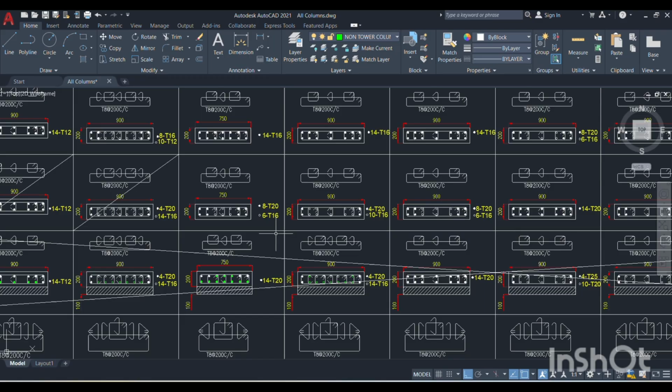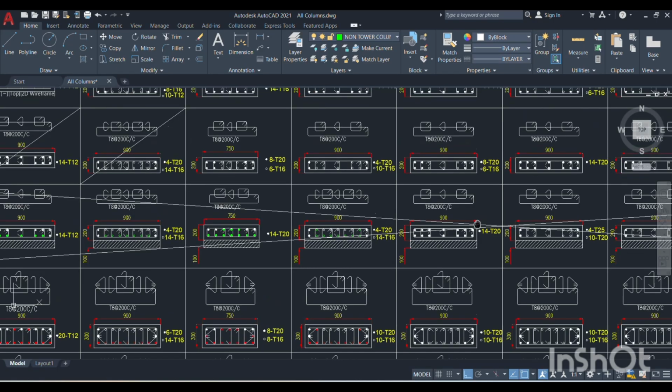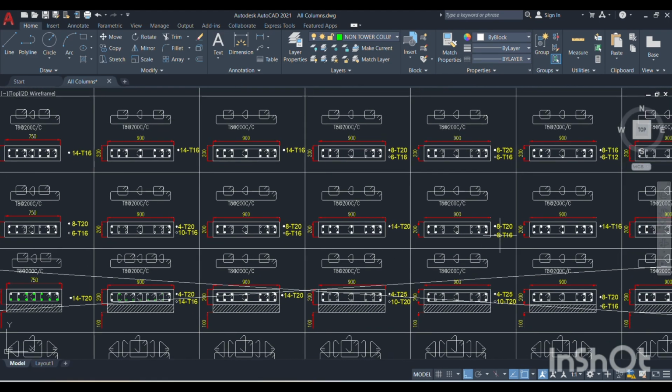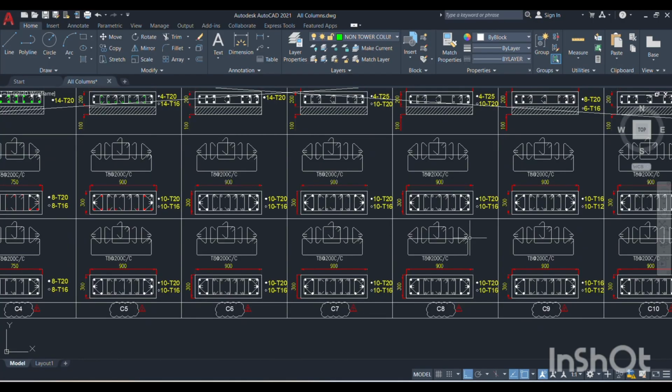C4 820 and 6 number of 16. So this is C4 and C6. C4 comma C6 comma 820 and 616. Any others? 820 and 616. This is C8 comma C8.